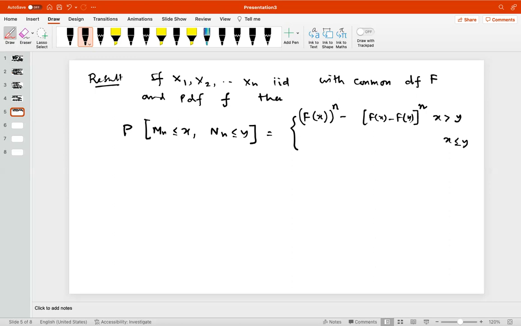So it is just the maximum less than or equal to x, and we know that is F(x) to the power n. If the maximum value is less than or equal to x, then the minimum value must be less than or equal to x, and therefore less than or equal to y.